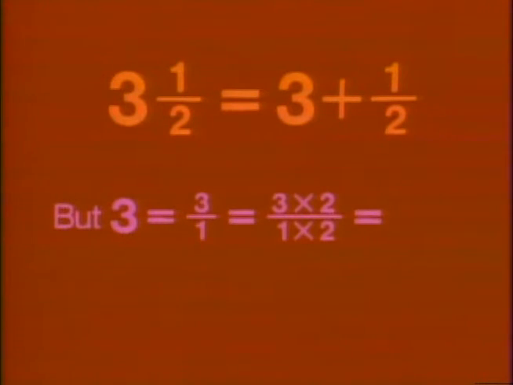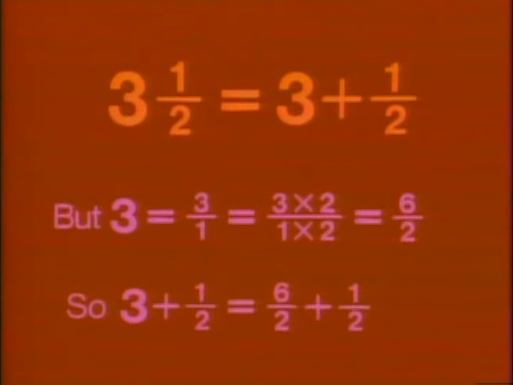We know that 3 can be written 3 over 1, or multiply numerator and denominator by 2, 6 over 2. So instead of writing 3 plus 1/2, we can write 6 halves plus 1/2, which, as we just saw, equals 7 over 2, or 7 halves. So the mixed number 3 1/2 is equal to the improper fraction 7 halves.